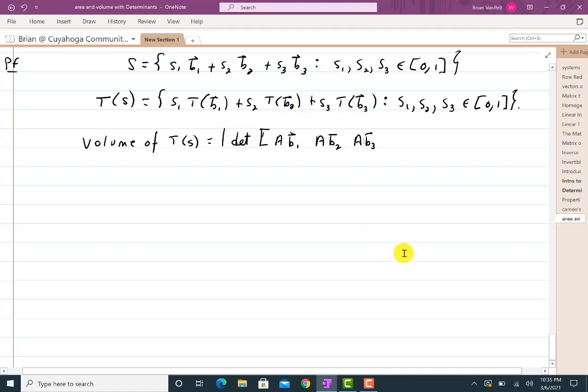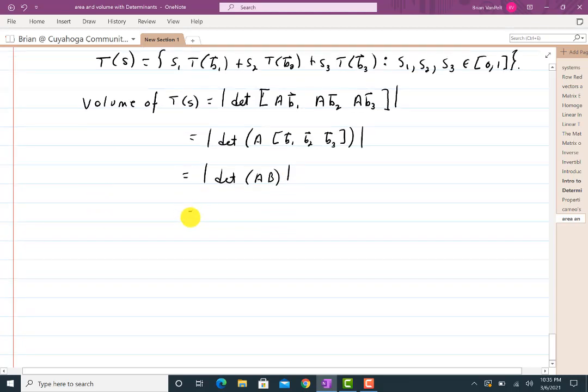Well, you get the idea. And I can play the same game as I did before. This is the determinant of the matrix A times B1, B2, B3. And that, of course, will be the determinant of AB, which I can break up.